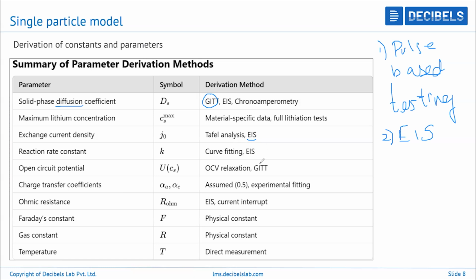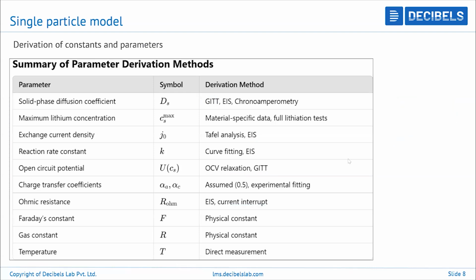So you can see many variations of this: OCV relaxation, once again GITT, current interruption. These are all versions of pulse-based testing and EIS, different variants and formats in which you can conduct this to obtain all these parameters. So this is an overview of some of the parameters for the single particle model.